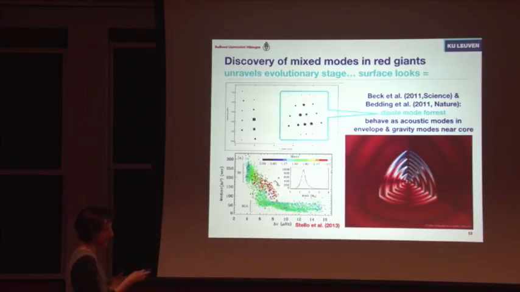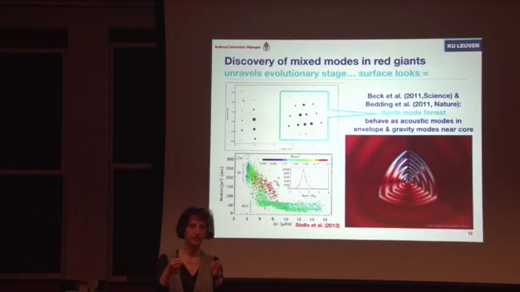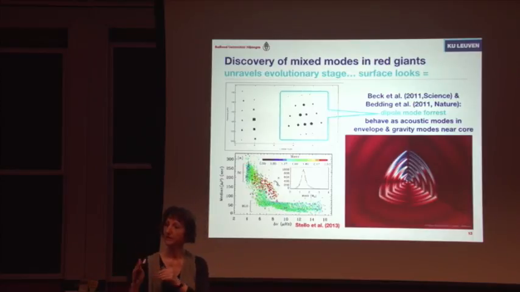And so we have thousands of red giant pulsations now where we can have the two diagnostics. Sound waves give you frequency separations, and these couple to the internal sound speed. Gravity mode oscillations give you period spacings, and these couple to the interior buoyancy frequency, as we call it.